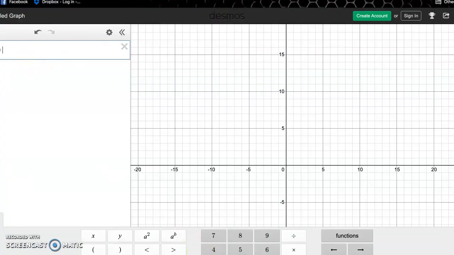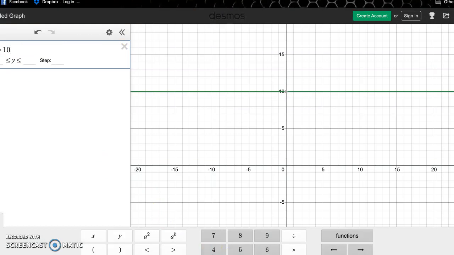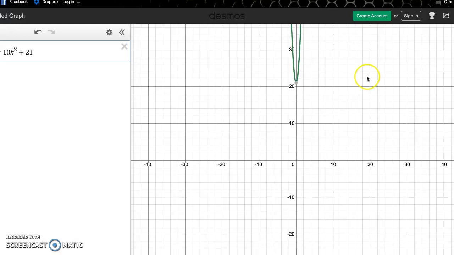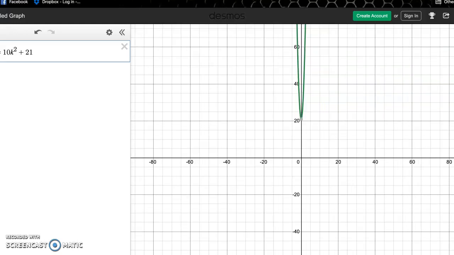So 10, then k, this will give me my square, plus 21. Wait a minute, there's no graph. Oh, it's a graph way up here.